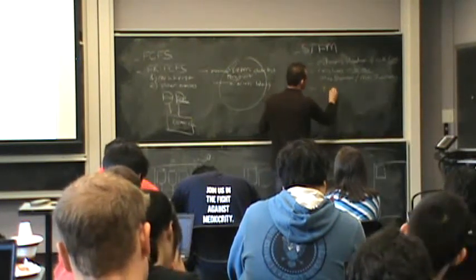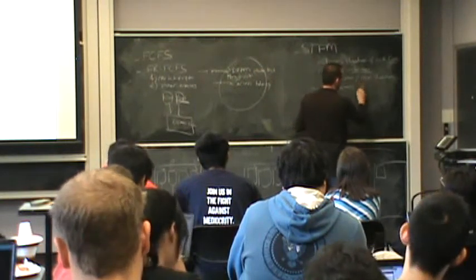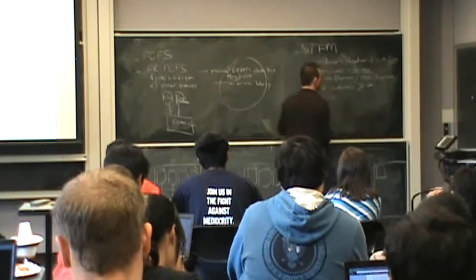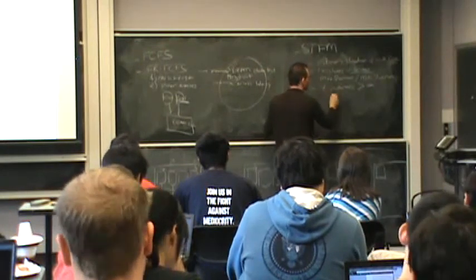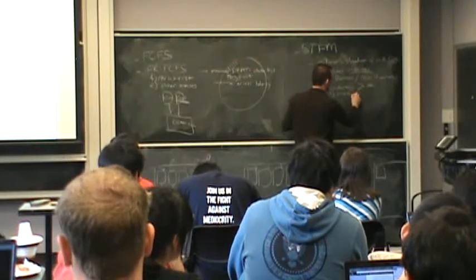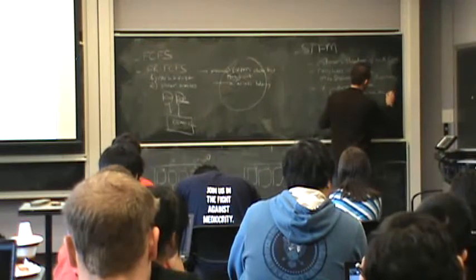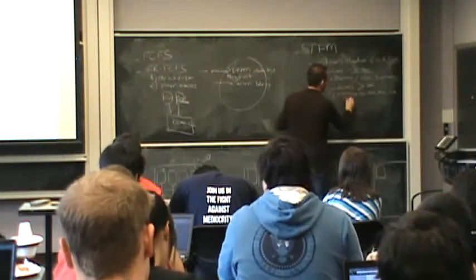And if this unfairness is not tolerable, let's say greater than some threshold, then the controller uses this scheduling policy. Basically prioritize requests from the core that has the max slowdown.